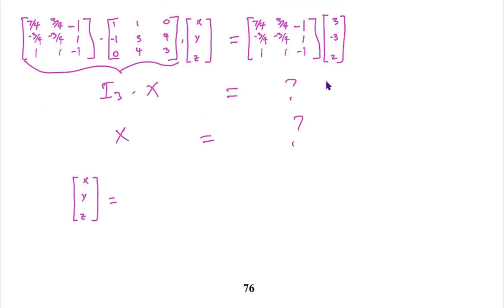Let me write this as that, okay. Let me bring it here. So that's the first column. We multiply by this.